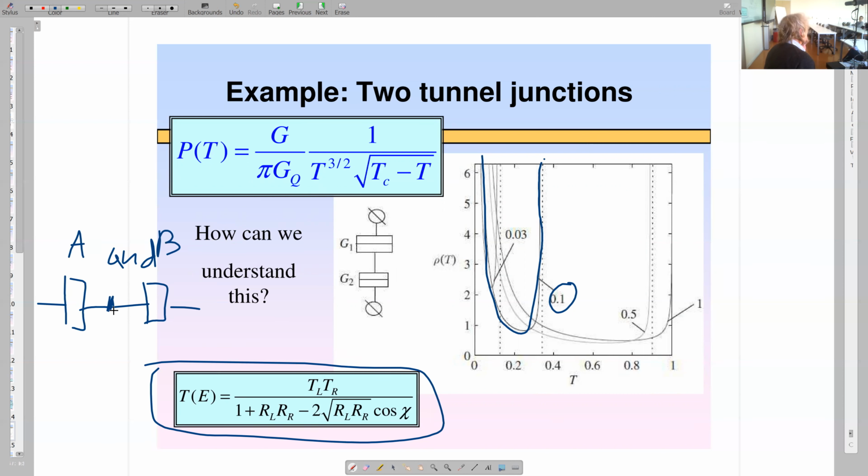So in fact, what we figured out then is that as a function of this phase factor, there were peaks and dips. The peaks hit one only if the junctions were symmetric. If they were not symmetric, they were restricted. And in fact, in this distribution, we just see the peaks.